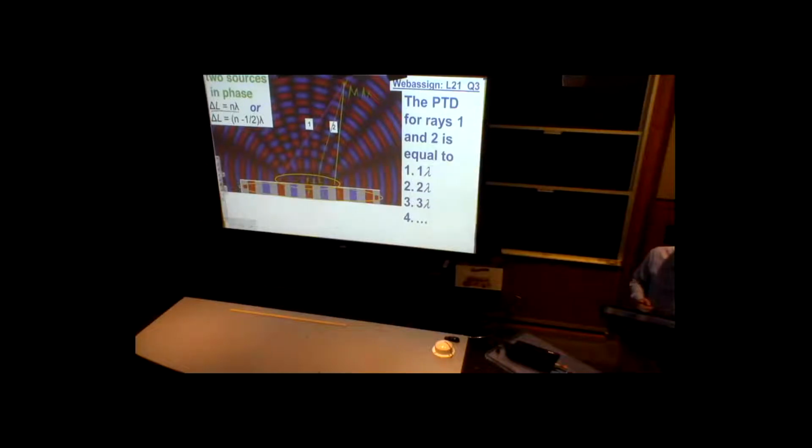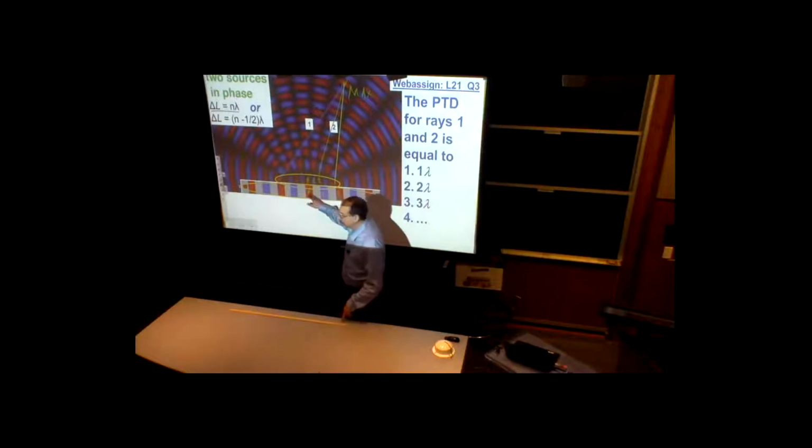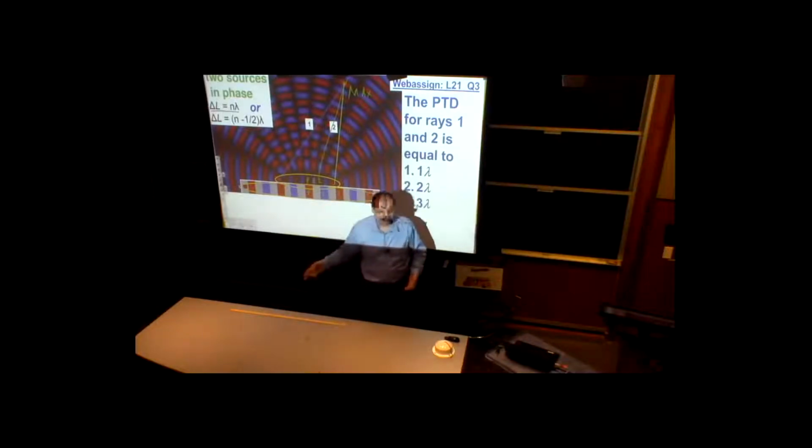There is a slide in the future with some terminology. We don't call the middle maximum the 0th maximum. We call it the central, because it's at the center of the picture in the middle. The first to the central we call the first. The second to the central we call the second. That's it.